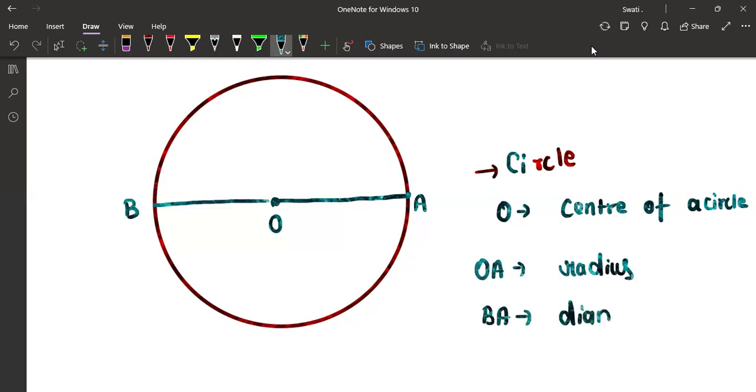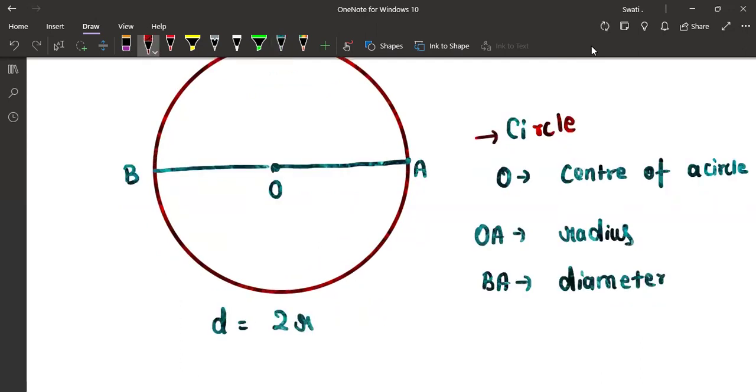Now we had already understood one thing in the last class, that there is a relation between the diameter and radius of a circle, which is nothing but D is equal to 2R. It is very clear that diameter is 2R only. Diameter is the double of the radius. If this is R, this is R, right? So what is AB?